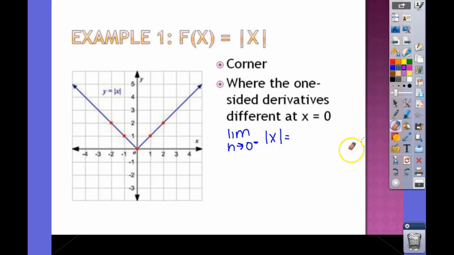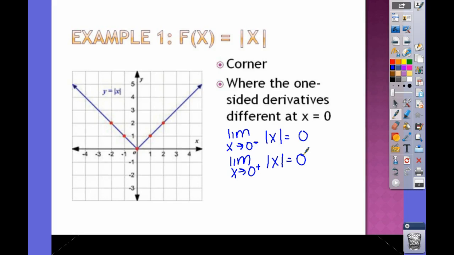Would it be 0? Yes, it goes infinitely close to 0. The limit from the right would also be 0. So the limit is 0.